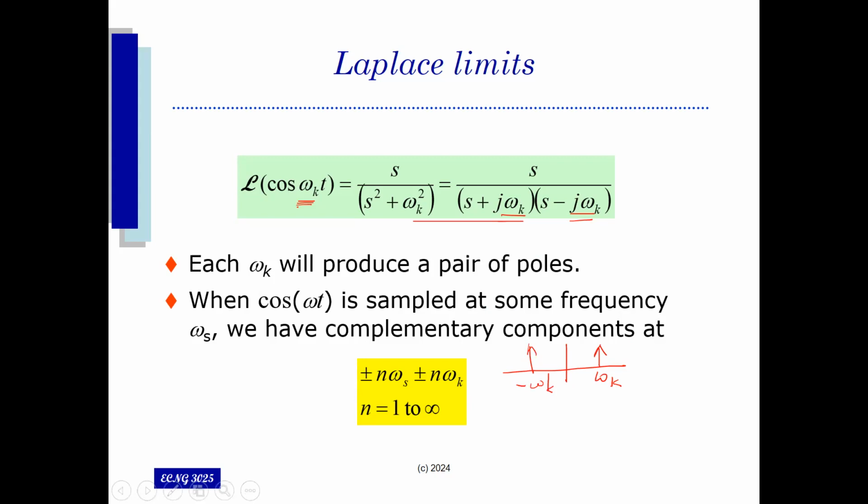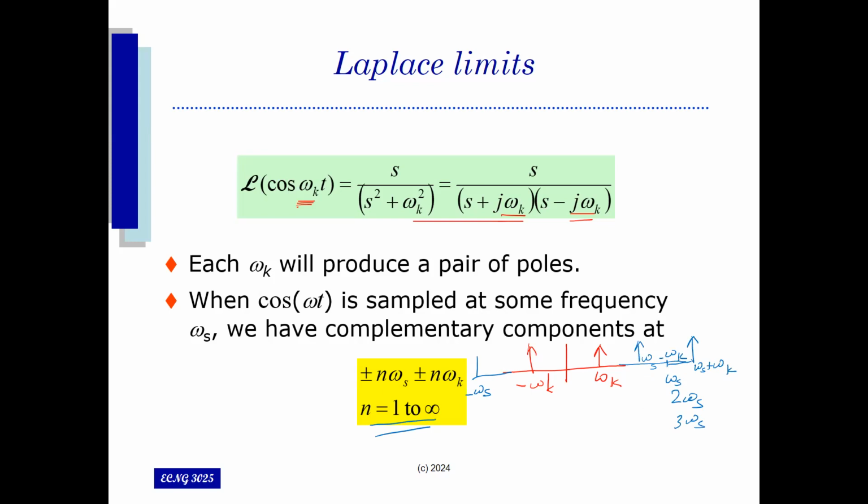When you sample it, at each omega_s you get omega_s plus omega_k and omega_s minus omega_k. Similarly, you will have on this side at minus omega_s, and then at 2 omega_s, at 3 omega_s, all the way up to plus or minus infinity on either side.